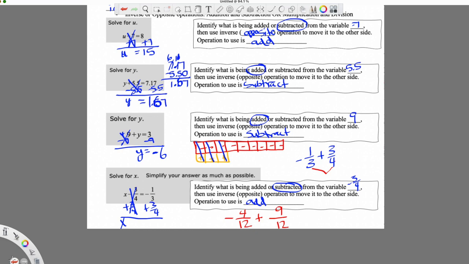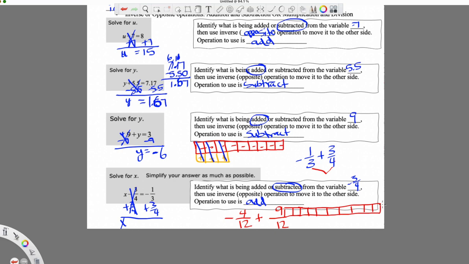And I can actually look at these in algebra tiles again. Let's see if I can nicely draw this. So that's 4ths, and then 1, 2, 3, 4, 5, 6, 7, 8, 9, 10.